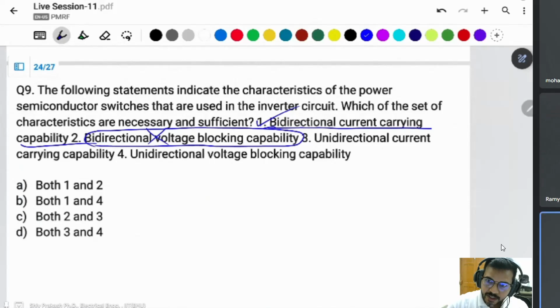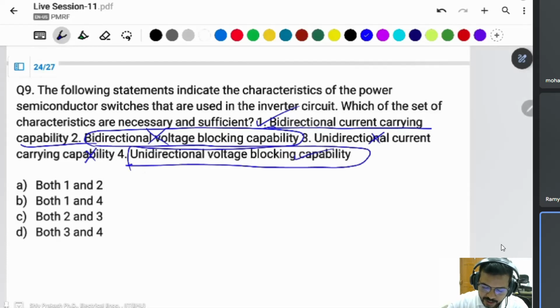Unidirectional current capability, no, it is not required, because there is a requirement of bidirectional current capability for the flow of the inductor current. Unidirectional blocking capability, yes, this is voltage blocking capability at one side.